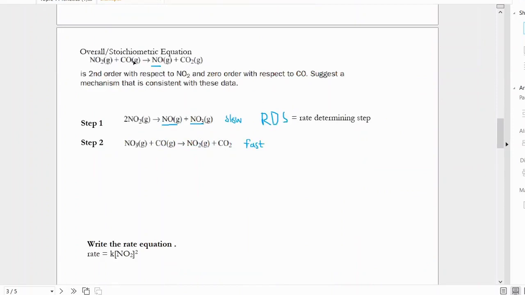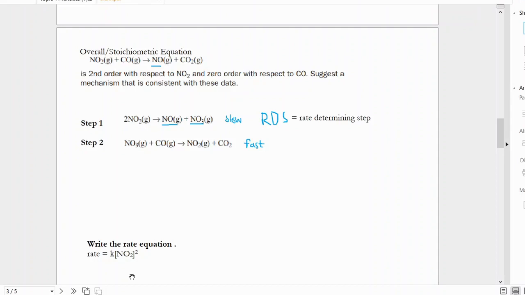This is the stoichiometric equation. This is the rate equation. Since two molecules of nitrogen monoxide are involved in the rate equation and no reactant carbon monoxide is involved in the rate equation, that is why we can say that carbon monoxide must be involved after the RDS. It is not involved before or in the RDS.